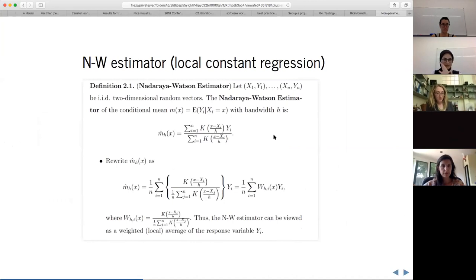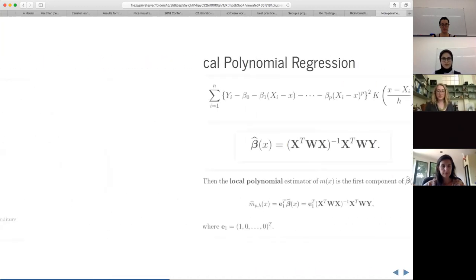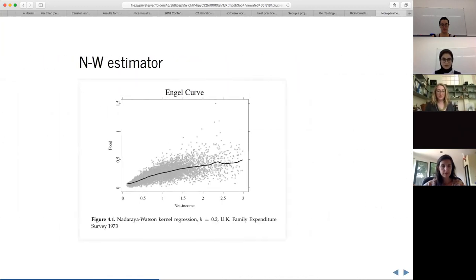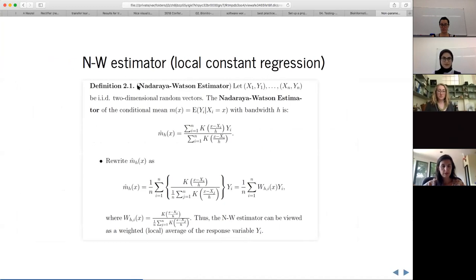The first one is called an NW estimator. Because the next topic is local polynomial regression, it's important to know that an NW estimator is just a zero-order polynomial regression, also called a local constant regression.